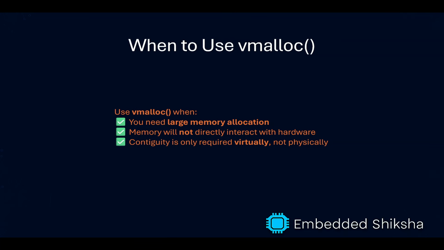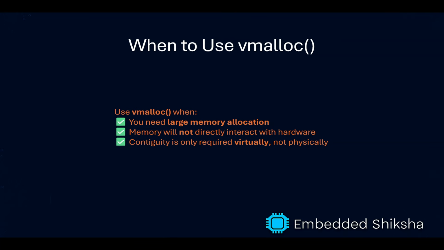So as I said, you need to use vmalloc whenever there is a need to allocate large memory for your own purpose, and the memory is not going to interact directly with the hardware. Being a device driver developer, whenever you're writing the driver, you will know the requirement of your driver.